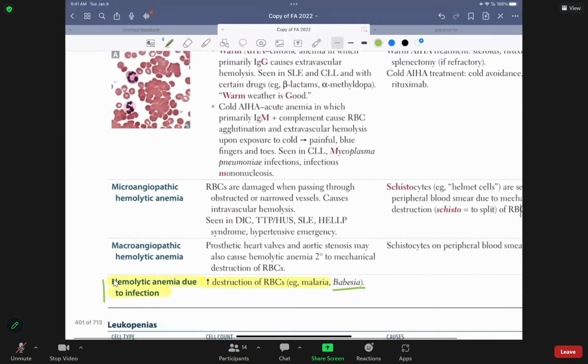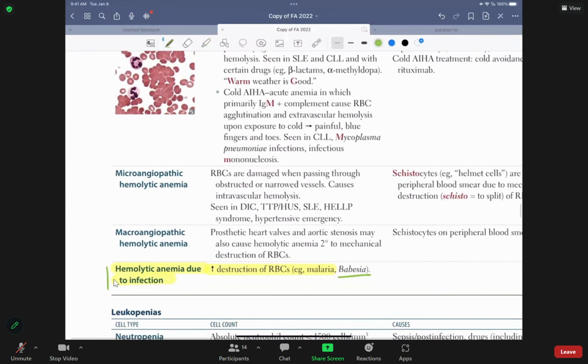Now let's go next. First, let's start with Robbins pathology, they keep both the same. Whether it's microangiopathic or macroangiopathic, it's the same. Both are happening within the blood vessels, folks, okay? Let's take a look at microangiopathic hemolytic anemia. It is a breakdown of red blood cells within the blood vessel.